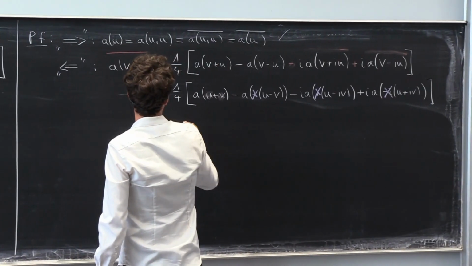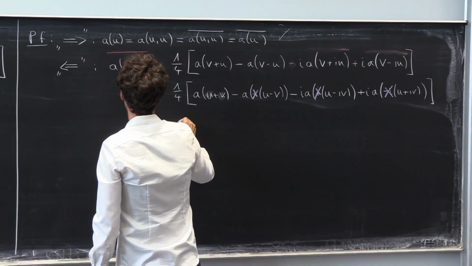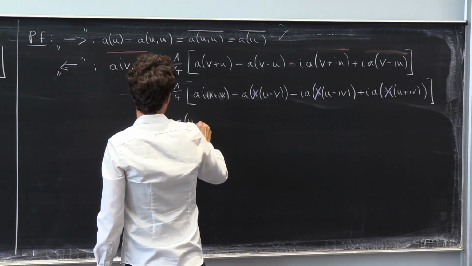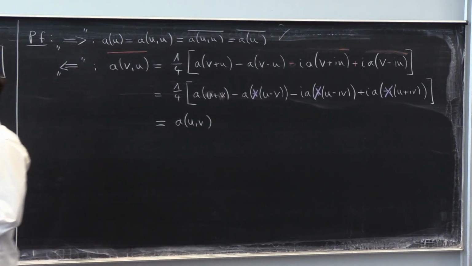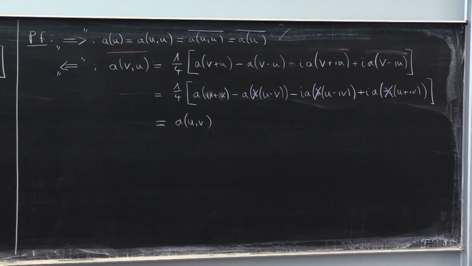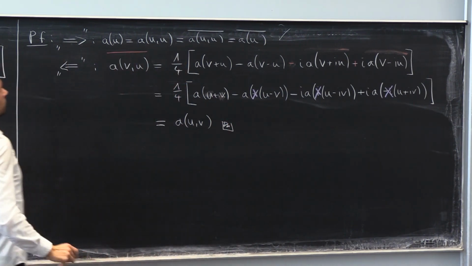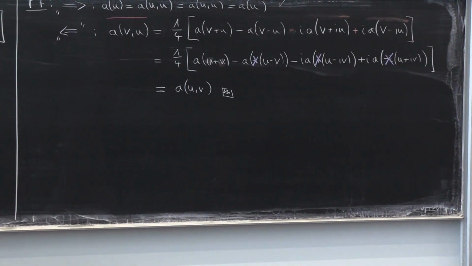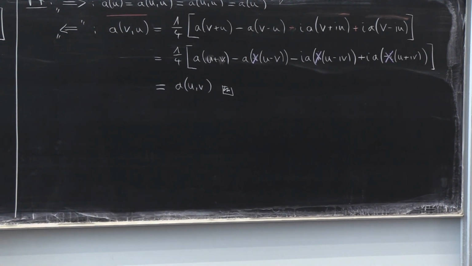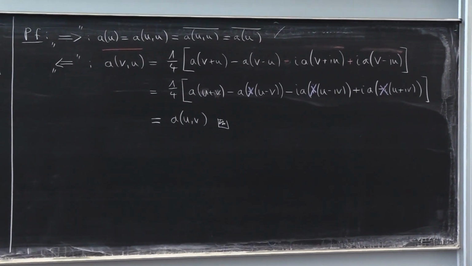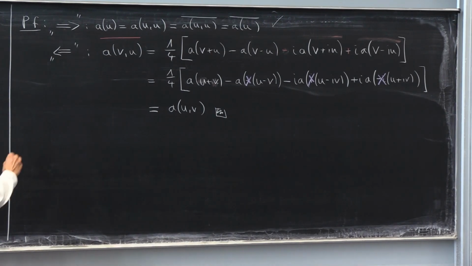In other words, this is the same as A of u comma v. Okay, and so our proof is complete. So it's one example where you see in action how the quadratic form plays back information to the sesquilinear form.